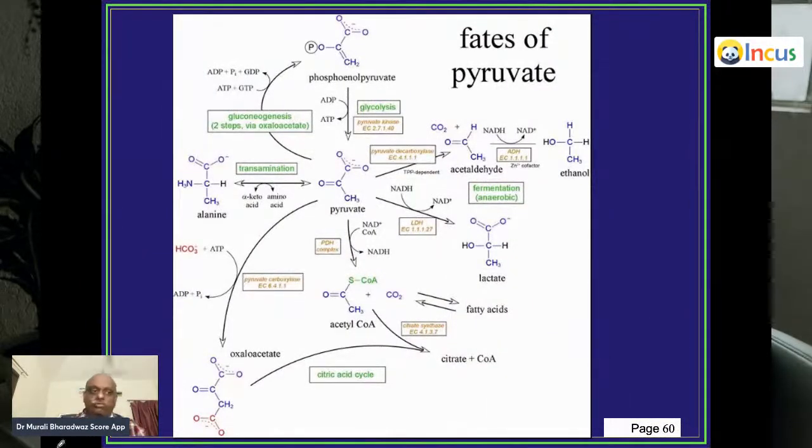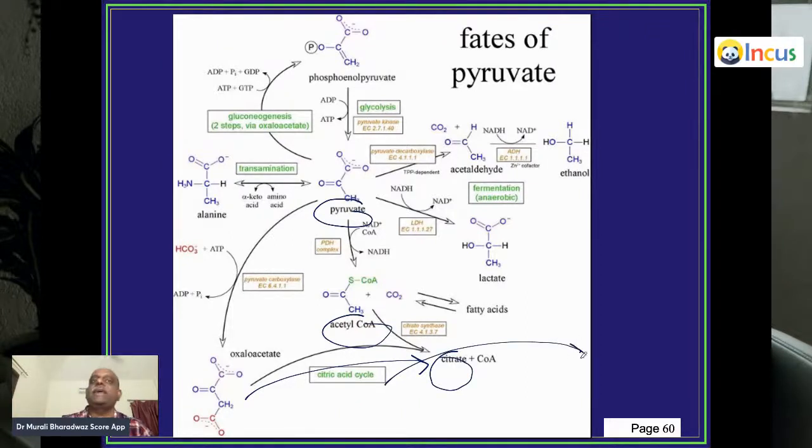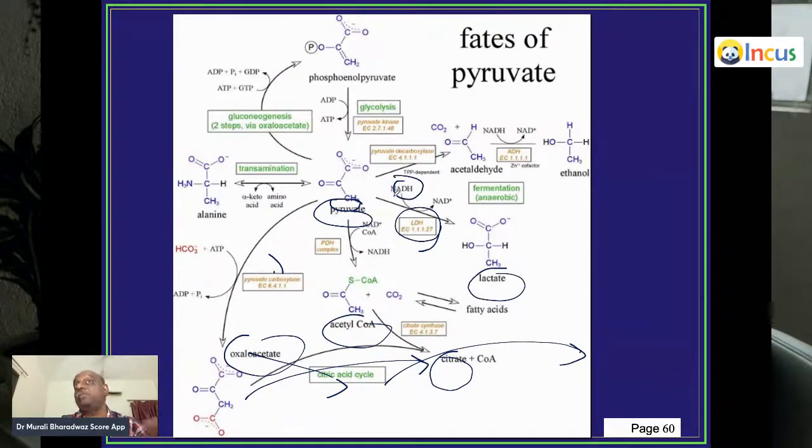So you should know what are the various fates of this most important pyruvate produced. When pyruvate is produced, it can become acetyl-CoA that combines with oxaloacetate to form citrate and enter into the citric acid cycle. Fate number 1. Fate number 2, pyruvate can become, by the action of pyruvate carboxylase, oxaloacetate, which can enter the citric acid cycle. Then pyruvate typically can become lactate using LDH and consume the NADH.